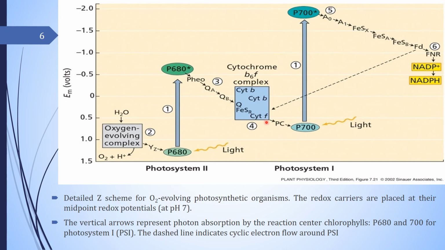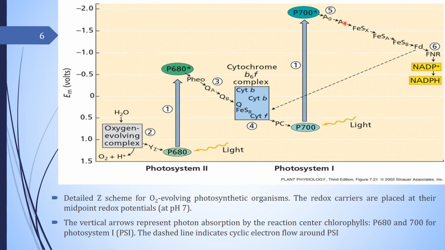Plastocyanin is a mobile, soluble protein, which in turn reduces the oxidized P700. The acceptor of the electron from P700, A0, is thought to be a chlorophyll, and the next acceptor, A1, is a quinone molecule.